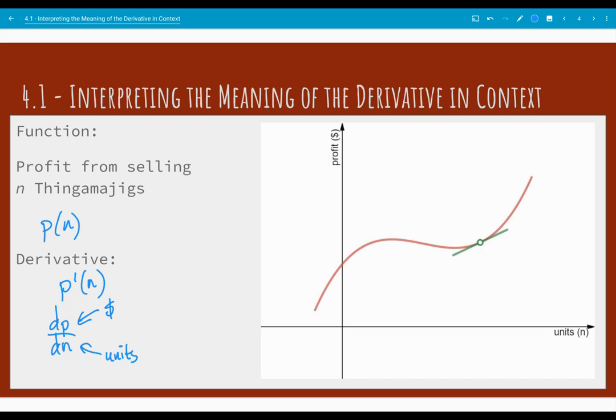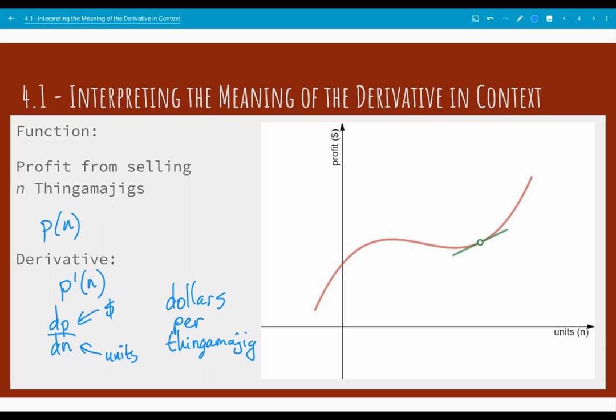So when we take a derivative, we're taking dollars divided by units, or we would say dollars per unit, or I'll say dollars per thingamajig. It's a real thing, by the way. Not really. So dollars per thingamajig actually has a meaning. In this case, it's telling us our profit in dollars per thingamajig that we're manufacturing.